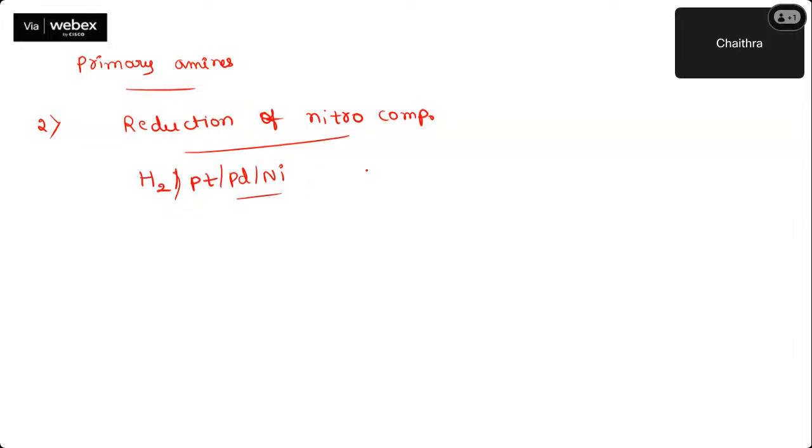Then you can use tin and HCl. These are also good reagents. Also, you can use iron in HCl. These all work as reducing agents.